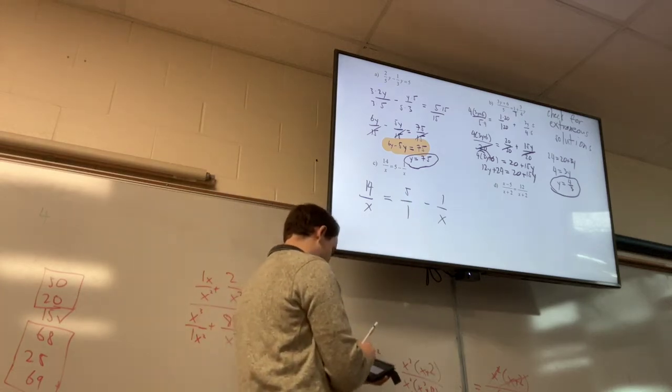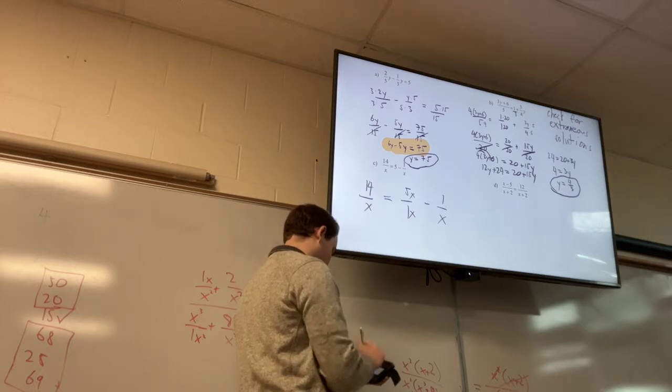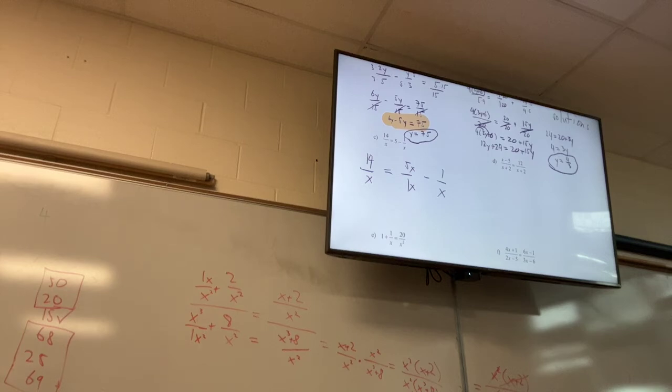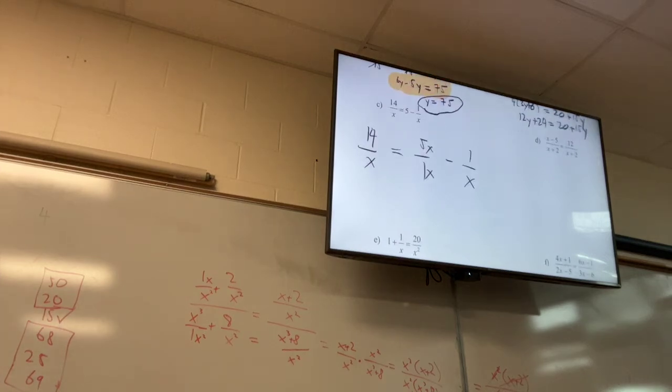X. So I'm going to multiply the one in the middle by x over x. So I did that first step, right? I got the same denominator on everything. And then I do what? Yeah. Cancel the denominator. All right. Hopefully we can know how to solve 14 equals 5x minus 1. Okay, good.